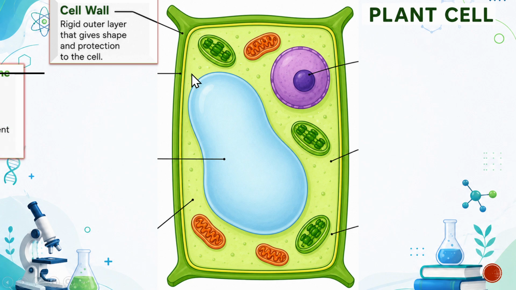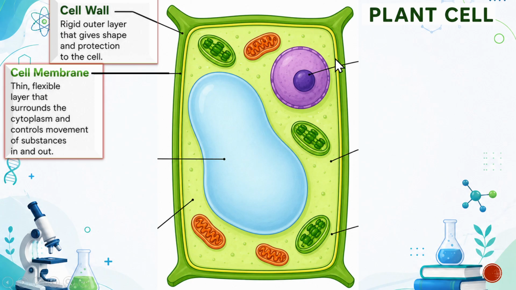Okay, now within this cell wall you see another thin layer which is in this yellow color, right? This is nothing but the cell membrane, right? Now again, how does the cell membrane look, or what is its structure and its function? So the cell membrane is a thin flexible layer that surrounds the cytoplasm. All right, we'll see what the cytoplasm is.